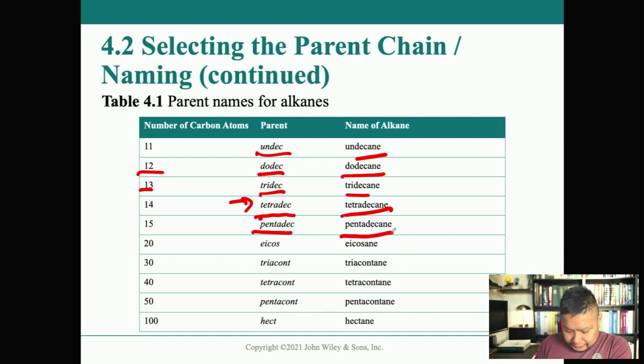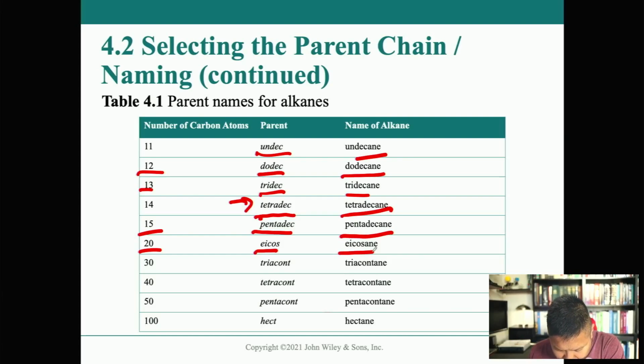Pentadec for 15. Icos, right? That's 20, and so icosane, which is 20 carbons. And if you don't remember how to say that, or you don't remember what that is, just remember that an icosahedron is a shape with 20 sides, right? And then ooh, that's weird.